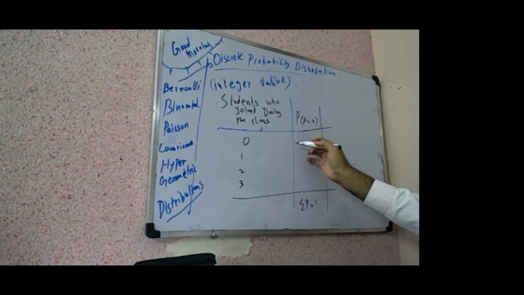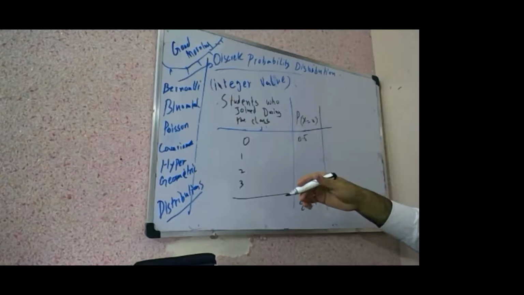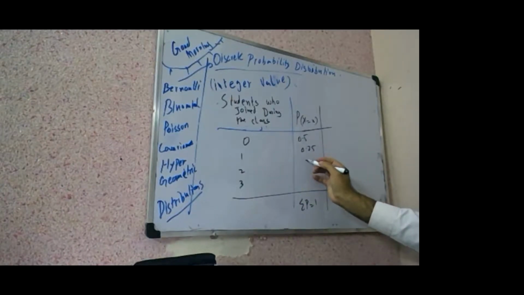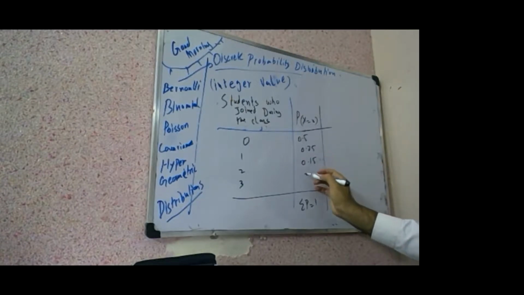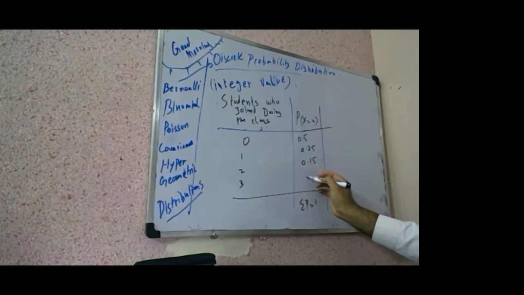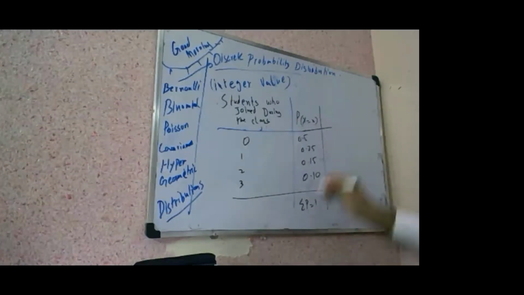So let's say I have these chances. I'm just giving you a random variable: 0.5, 0.25, 0.15, 0.10. So the total probability is 1. So how can I draw it?